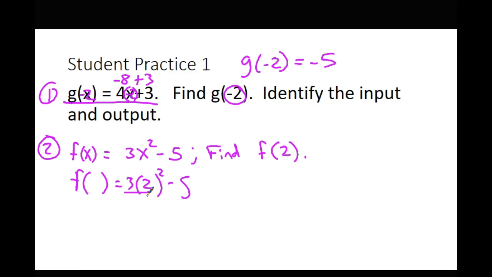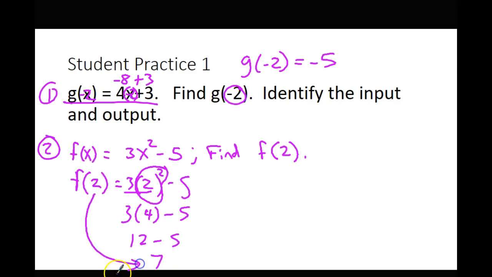But you don't multiply first. According to PEMDAS, what comes before multiplication? The exponents do. So you would do 3 times 4 minus 5, which is 12 minus 5, which is 7. So f of 2 is 7. So if I plug in 2, I get out 7.